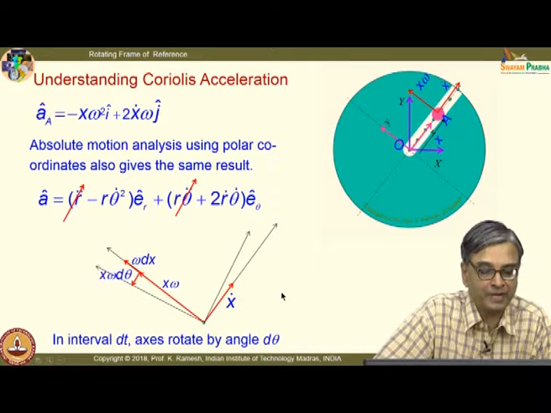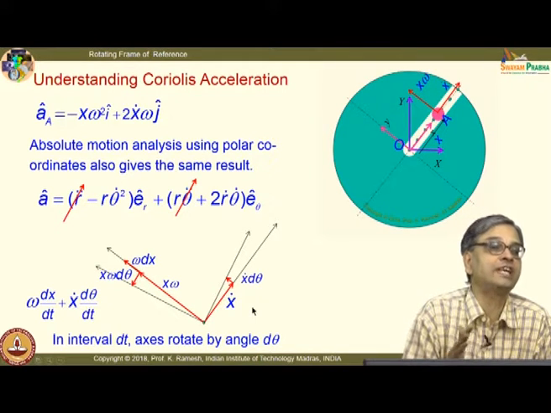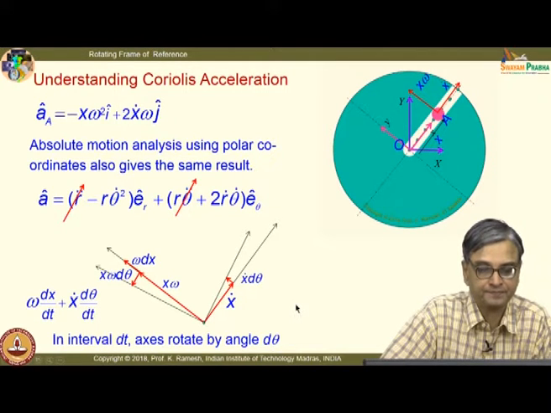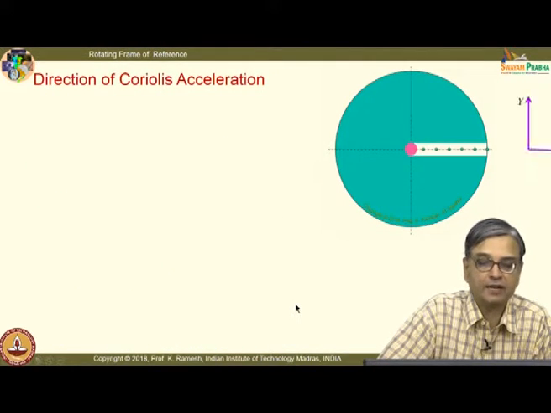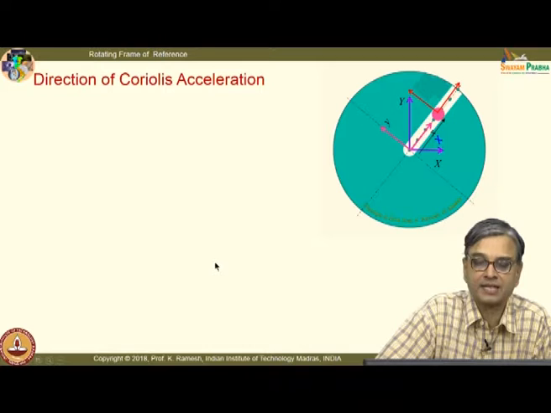So, whether I do it with the rotating frame of reference or do an absolute motion analysis, there is absolutely no change as far as the acceleration of the particle. And what is the direction of Coriolis acceleration? We will also summarize for the earlier problems as well.